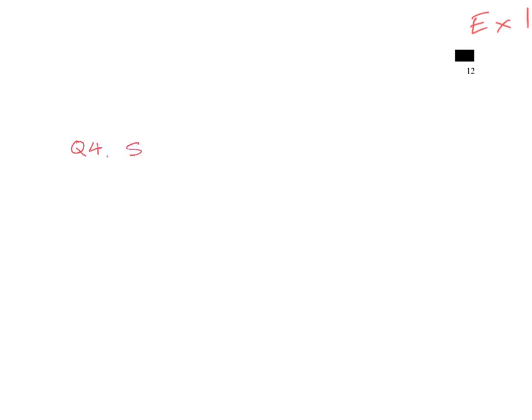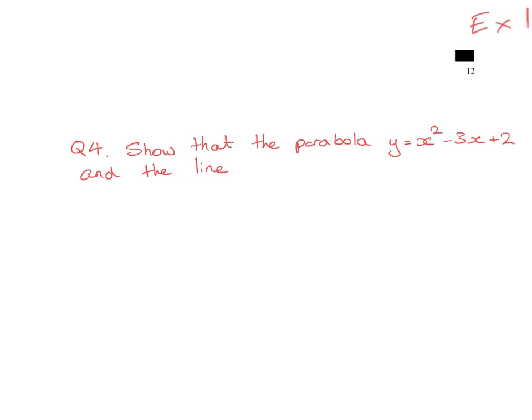Okay, show that the parabola y equals x squared minus 3x plus 2, and the line y equals x plus 1 intersect twice.